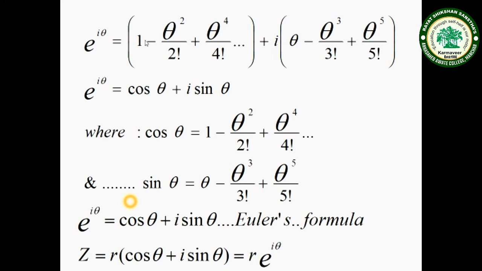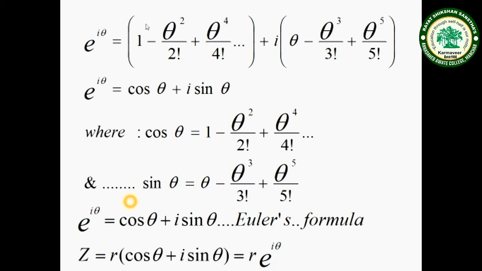So here we have done the same. The first parenthesis will represent the terms from the previous equation in which i is absent, while the second parenthesis has the multiplier of i. Here we have taken advantage of the standard formula or series of cos and sin.